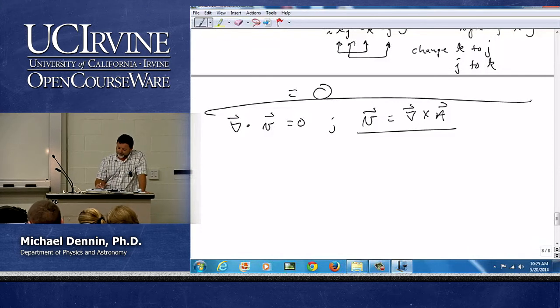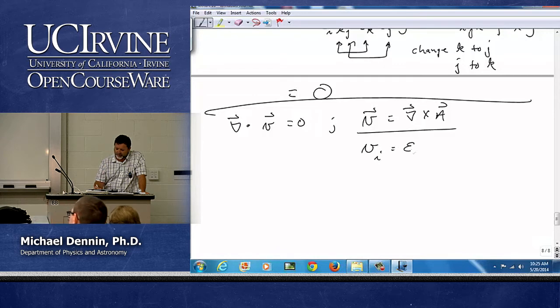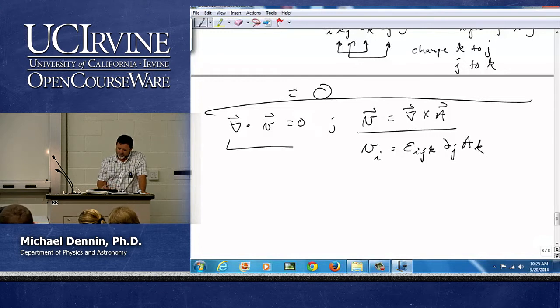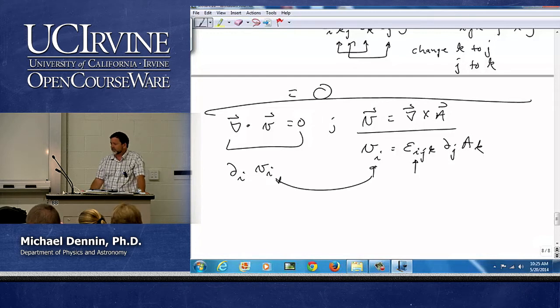Well, this we can write as v sub i equals epsilon i j k d_j a_k. The divergence is what? It's d_i v_i. So notice here, this i matters only in the sense that it's got to be the same letter as that letter.